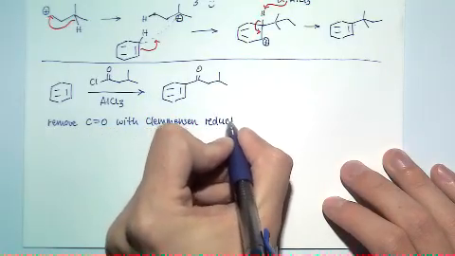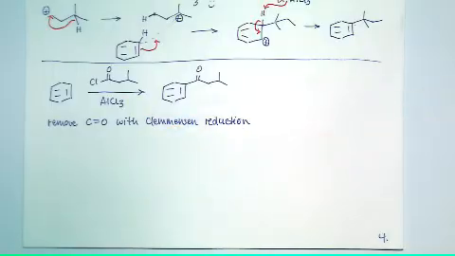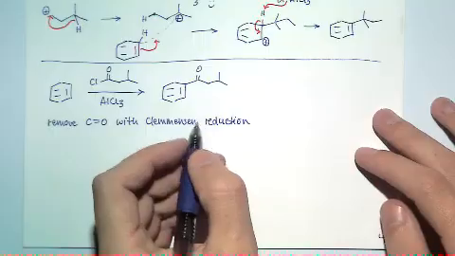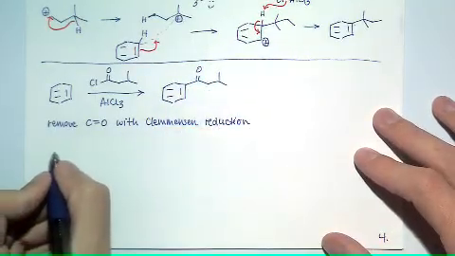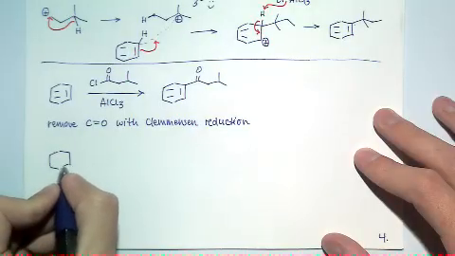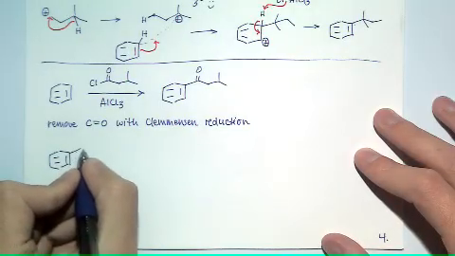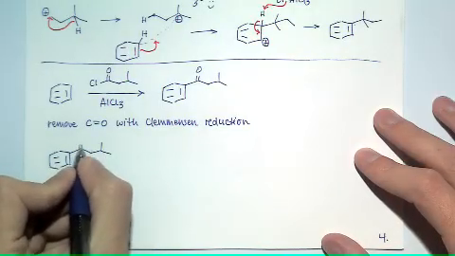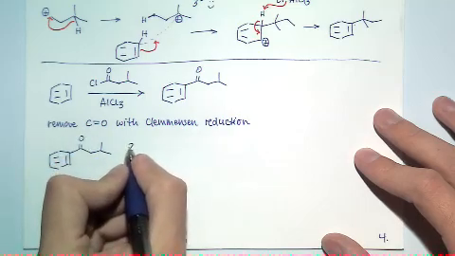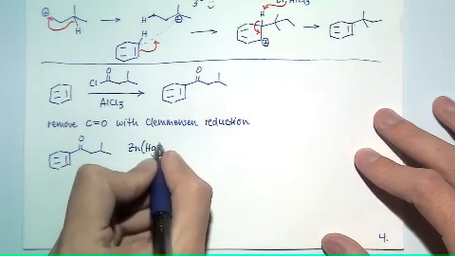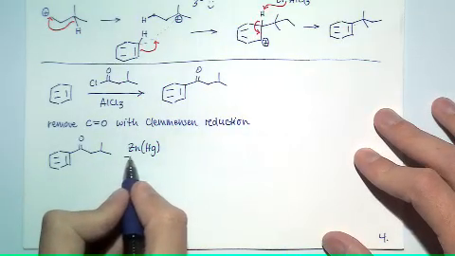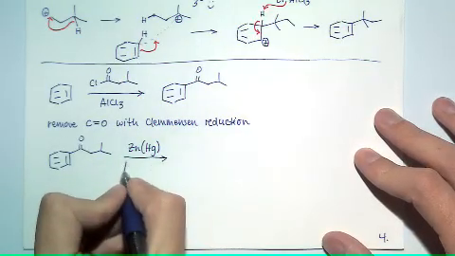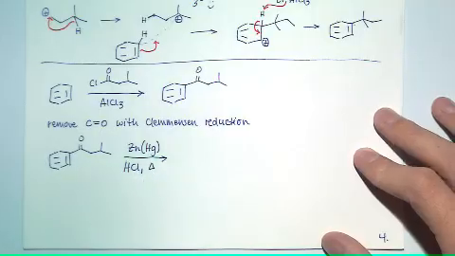So we're going to do a reaction called the Clemmensen reduction. And this is going to involve zinc amalgam, so zinc and mercury alloy, hydrochloric acid, and some heat.